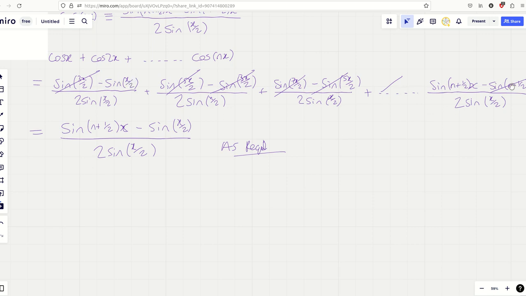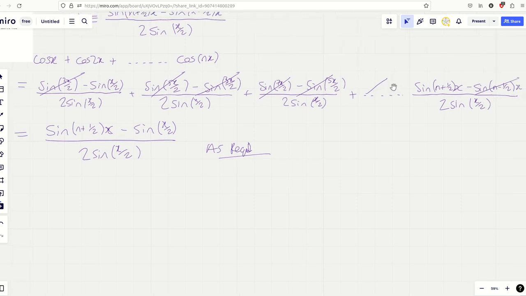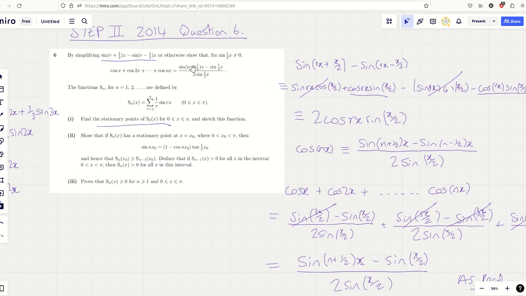Because that sine n minus a half x is going to cancel with the previous positive sine n minus a half x, you're going to be left with sine n plus a half x as well. So you've got sine n plus a half x minus sine x over 2, over 2 sine x over 2, which is, I hope, the result that they've asked us to establish.